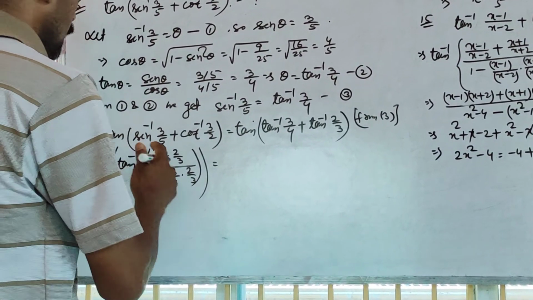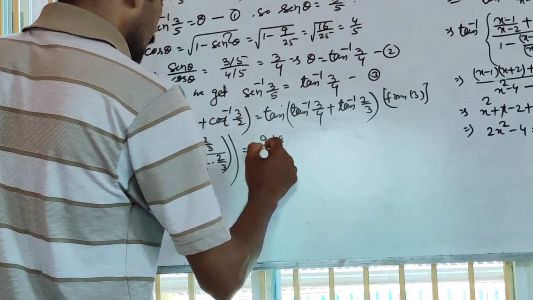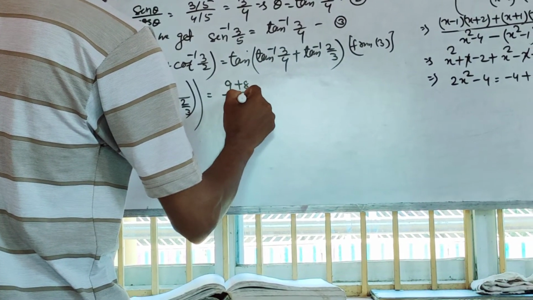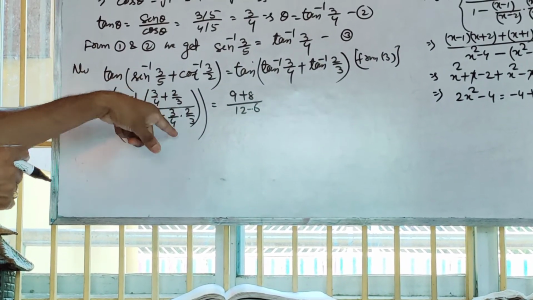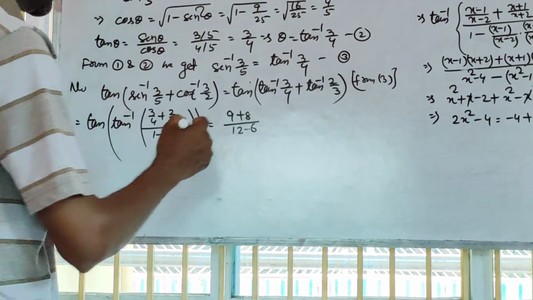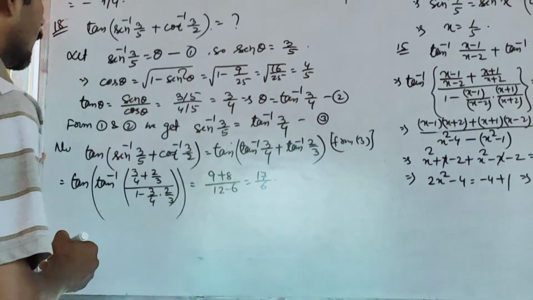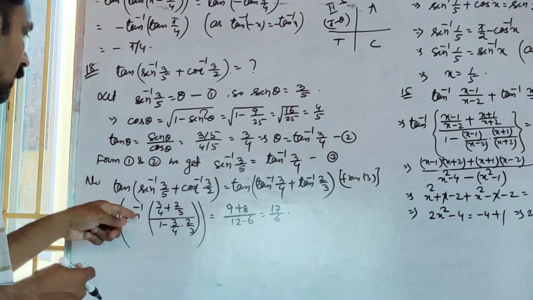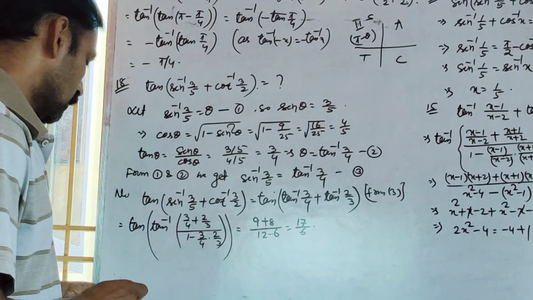So it will become how much? It is 9 plus 8 by 12 minus 6. So there will be 12, it will be cancelled. So this is 17 by 6. So this is the value of this expression.